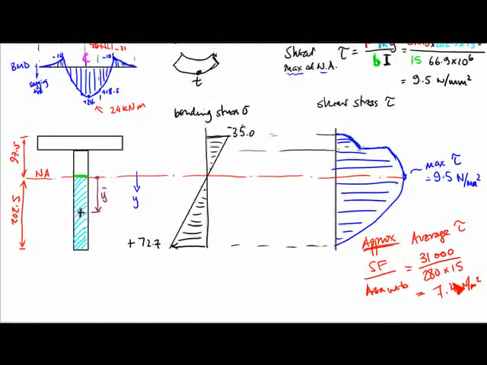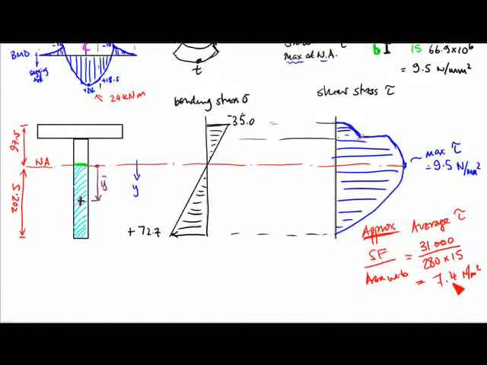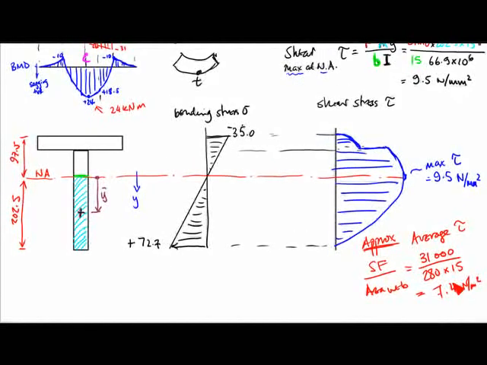Okay, let me just finish off with one further thing. Notice when I made the cut for the shear stress, I've got two areas. Once I've made the cut, I then have two areas. I've got the area above, so it's that one there, and I've got the area below, which is the one there.